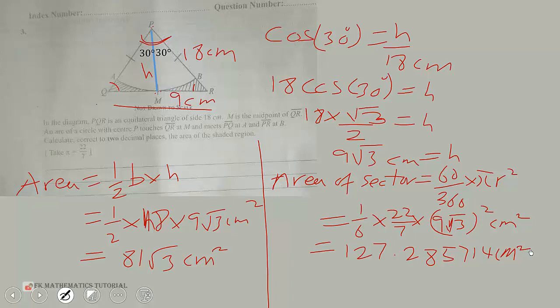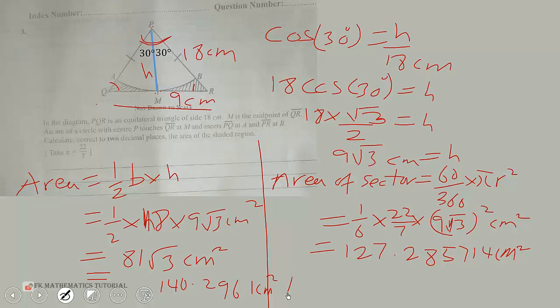Now we have to subtract this, which is 81 root 3. 81 root 3 in decimals is 140.2961 centimeters squared.